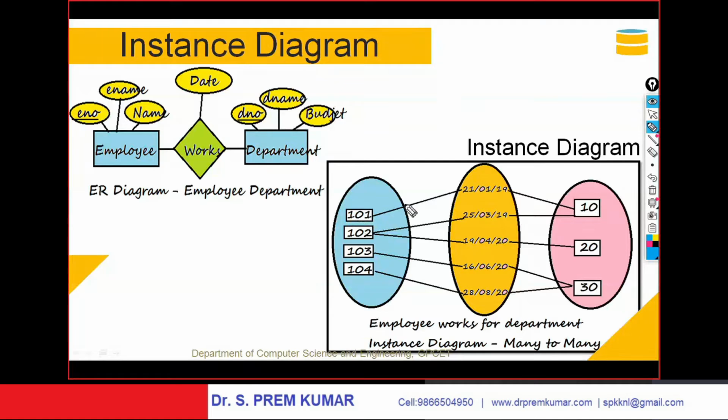Employee number 101, on so and so date, till so and so date, let me say 21/1/19, worked for department number 10. This is the employee entity set. This is the department entity set. Employee number 101 worked for department 10 up to 21/1/19.